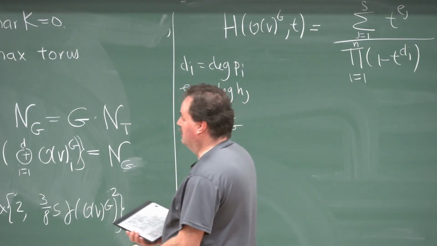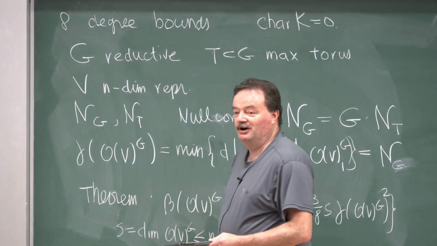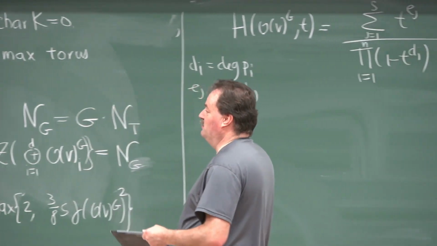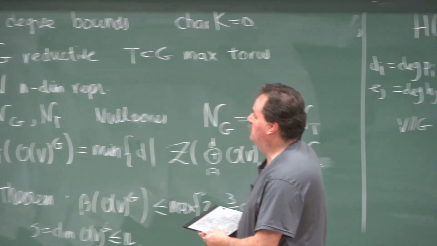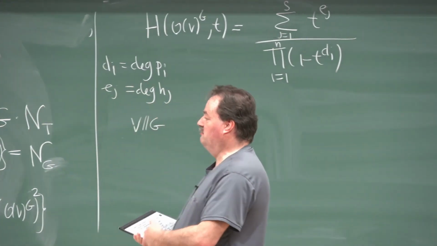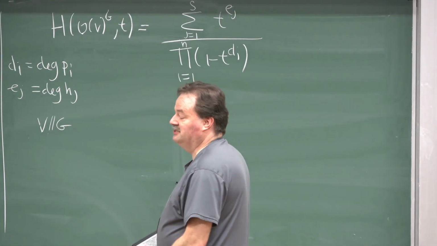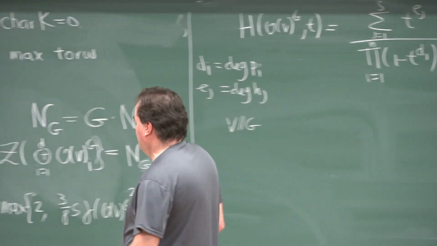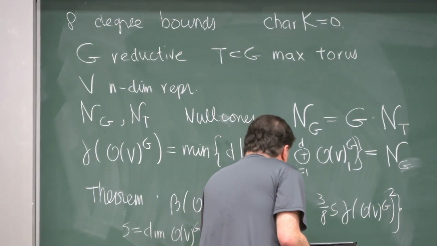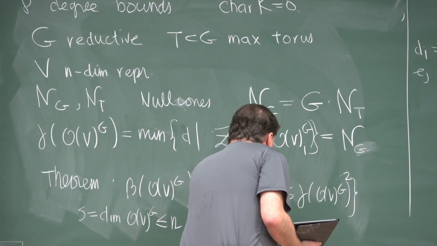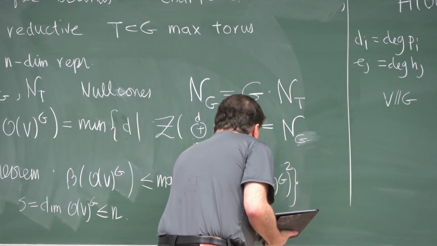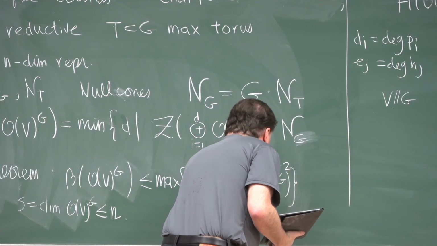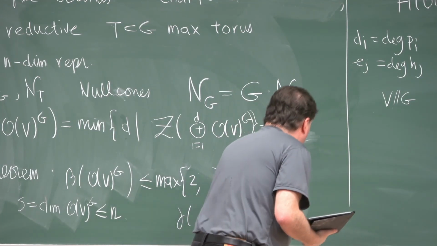Now you wonder, okay, now it might be hard to find this bound, and in principle, it's possible to give a bound for this gamma purely in terms of how the group is given by equations and how the representation is given by equations. And just as an example, for SL2, this bound is bounded by 2d cubed.